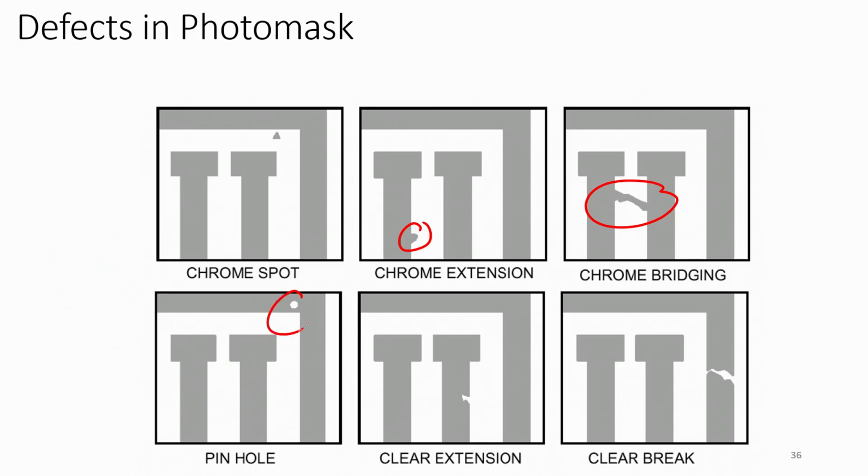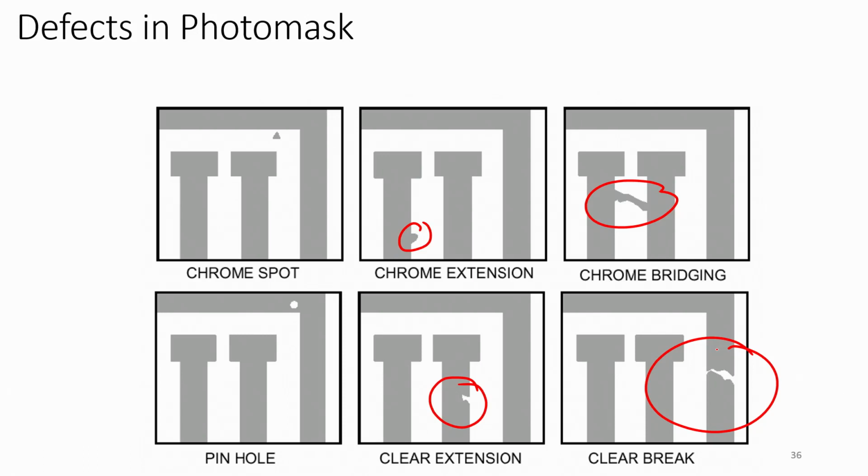Next, pinhole, where chrome is not there at all, not allowed. Then clear extension, you see, clear extension not allowed, because the value that we calculate and the value when you use this mask would be totally different. Next is clear break, breakage is not allowed at all.